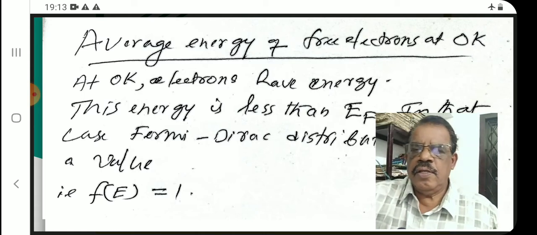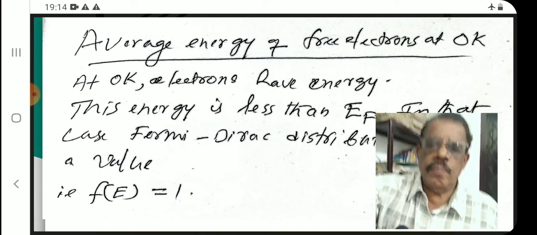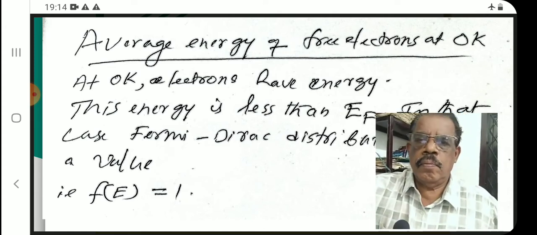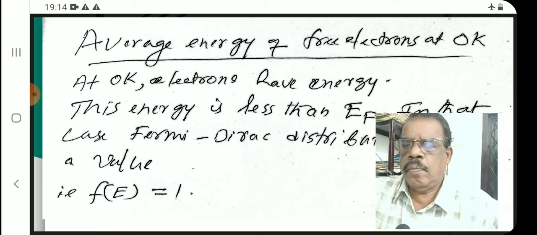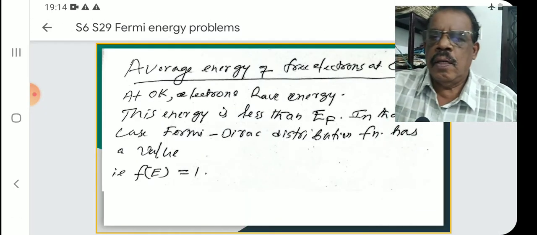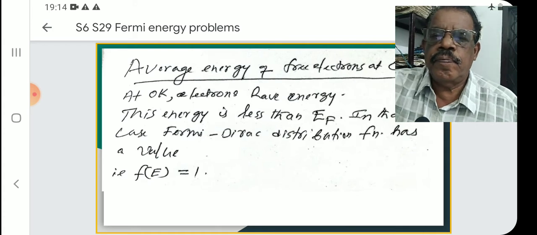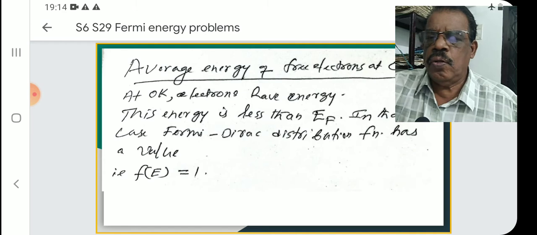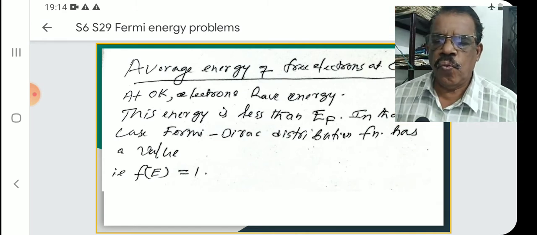In that case, the Fermi-Dirac distribution function has a value F equal to 1.